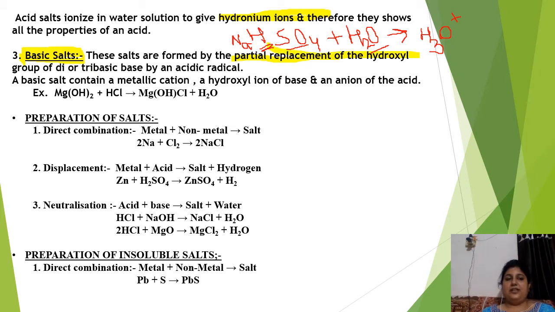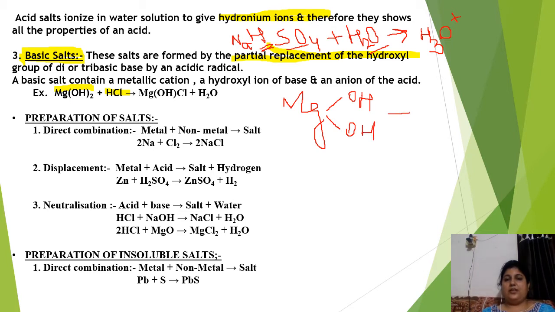For example, magnesium hydroxide, when magnesium hydroxide reacts with HCl, we can write it like this: Mg(OH) the whole twice. Two OH are attached to a single magnesium.